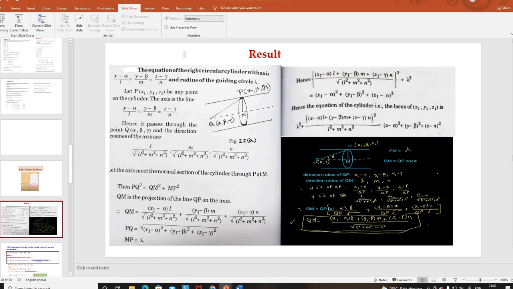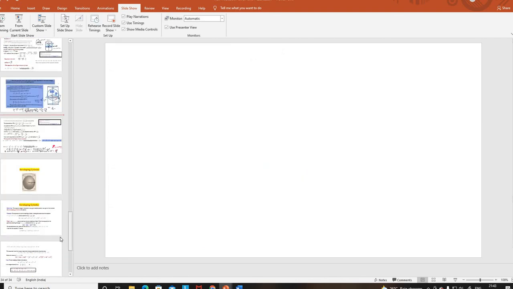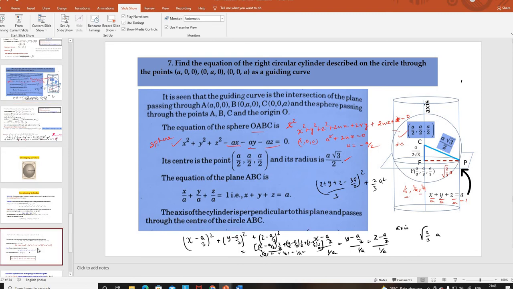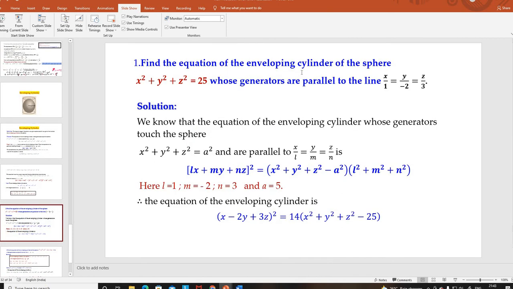Now in this, we have the previous one. See, we have to use the second one. We have to make use of the second one. This equation we need to use because it is not the sphere with the center as the origin, but the center is something else. So we have to make use of that.